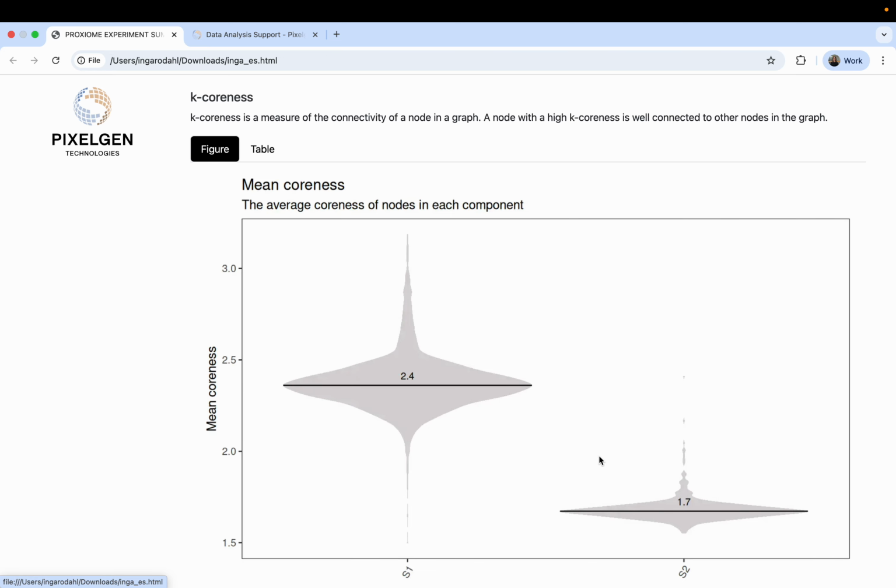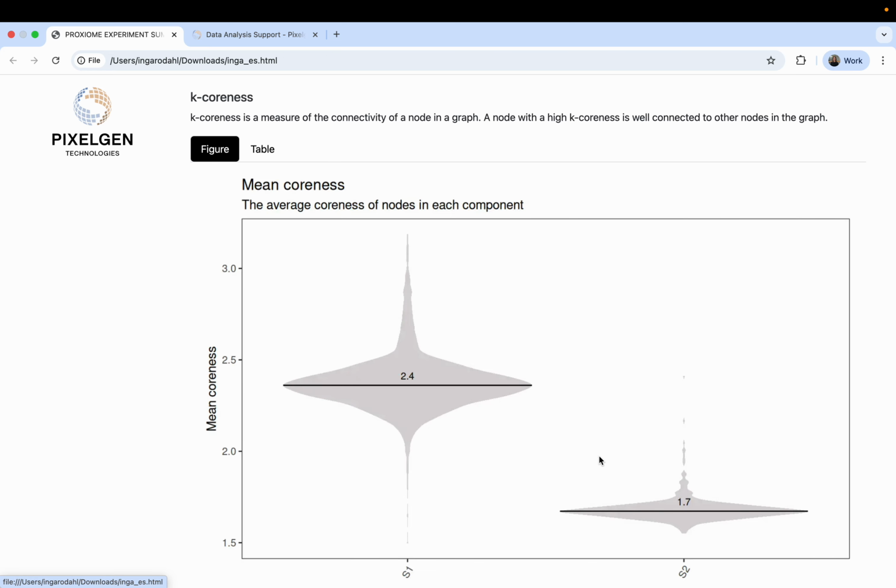What we see is that the first sample has really good connectivity with a k-corners of 2.4, whereas the second sample is just above our threshold of 1.5, here at 1.7, indicating that these cells probably could have done with a little bit more reads to get a better k-corners of the graphs.